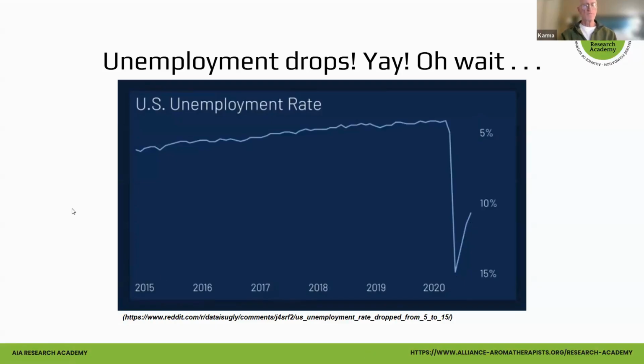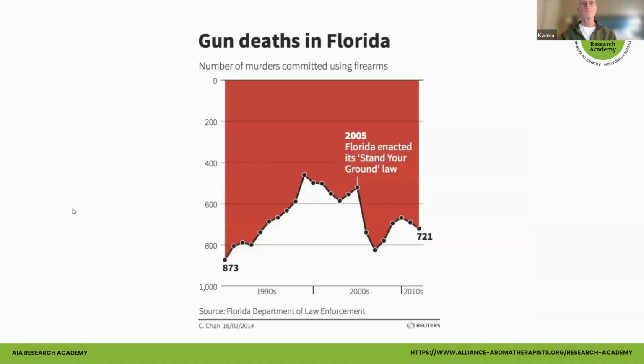Here's something similar. See if you can get this one. Gun deaths in Florida. The great effect of the 2005 Florida enacted Stand Your Ground law. Yeah, it should be, 0 should be at the bottom.